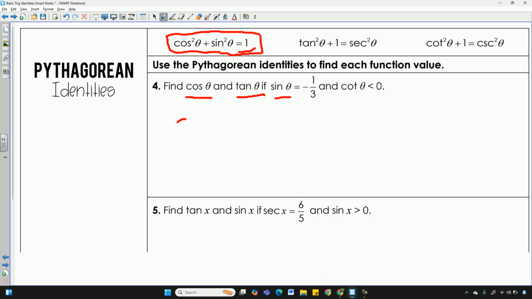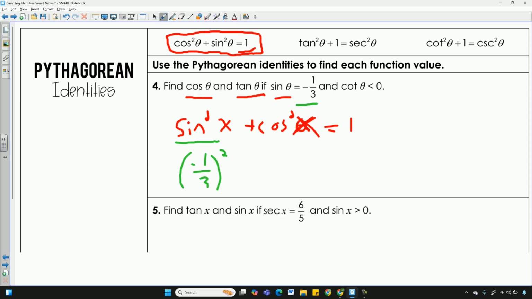I'm going to say sine squared plus cosine squared equals 1. Oops, sorry, this should be x's. I'm then going to put in what sine is right here. So that's negative a third squared, sine squared.